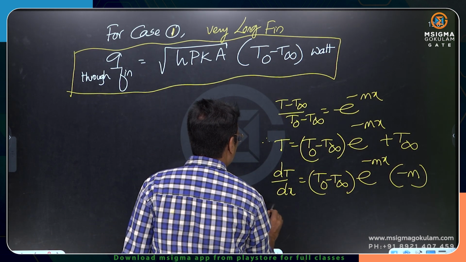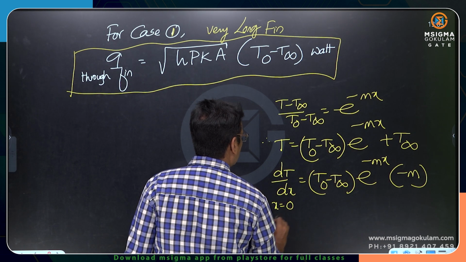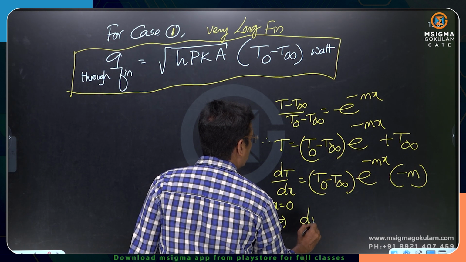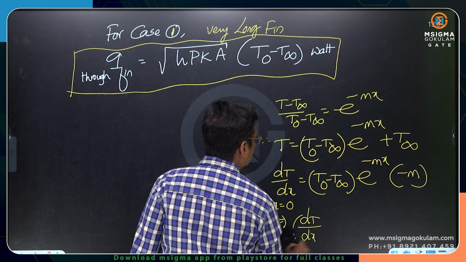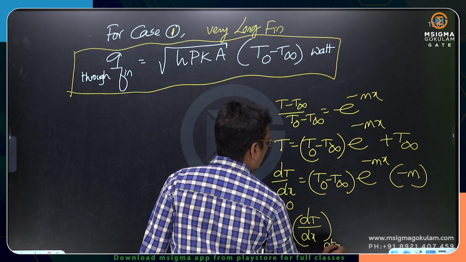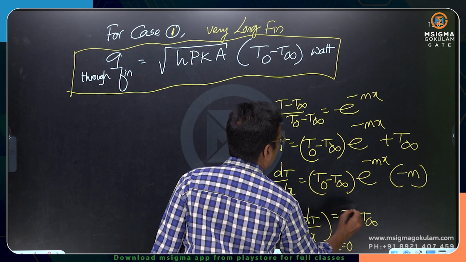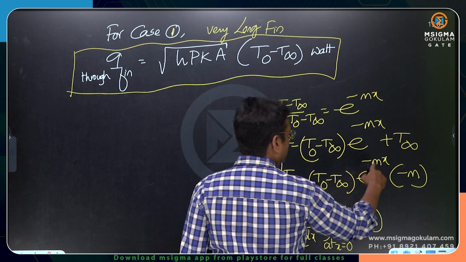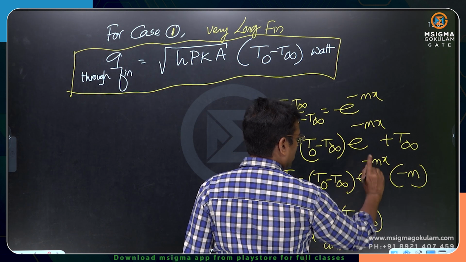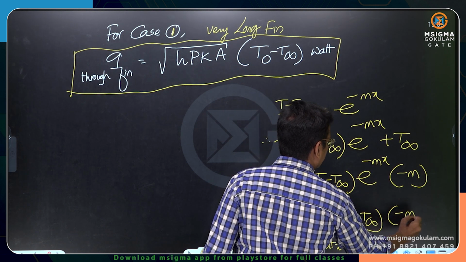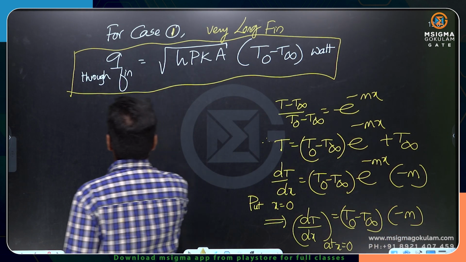Put x equal to 0. What is dT by dx at x equal to 0? It is (T naught minus T infinity) e to the power of 0, which becomes 1, so it becomes minus m. You substitute that here.